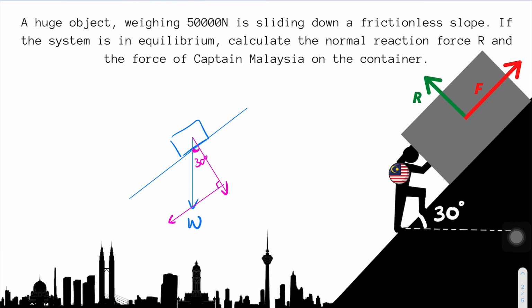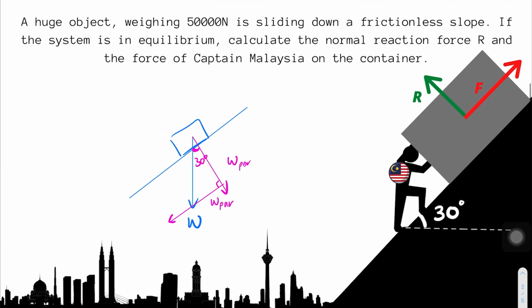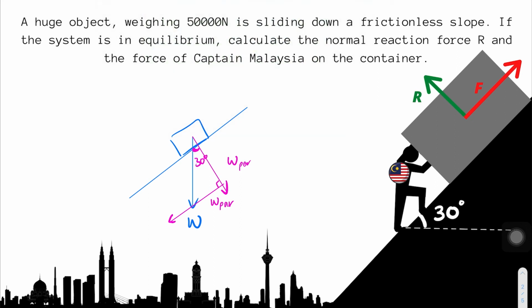Let me label the forces here so it'll make our lives easier later. I'm going to call these W perp, the perpendicular component of the weight, and W par, which stands for parallel. If I again compare the forces, I can see that the perpendicular component would be equal to the normal reaction force R, because it's in equilibrium.